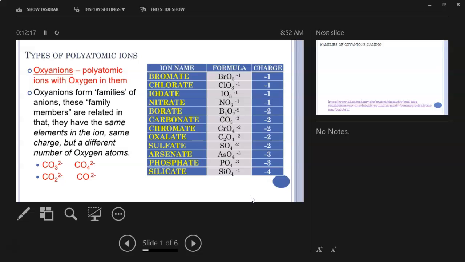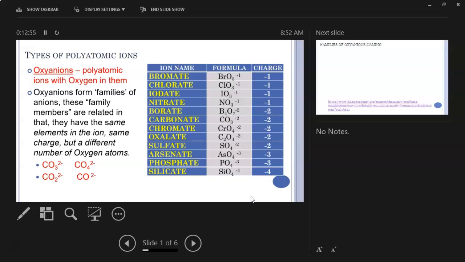Okay, so our original is CO3 2-. So how is my oxygen different? 2 less, right? So 2 less, we get what on the front? Hypo. Carbon, and then how do I end it? Hypocarbonite. So you always look on your list, and if you don't have the actual one, you're going to have to move to these rules to come up with this.